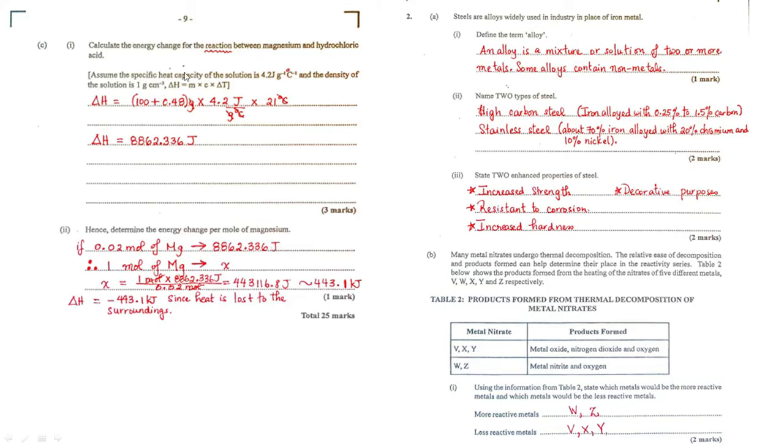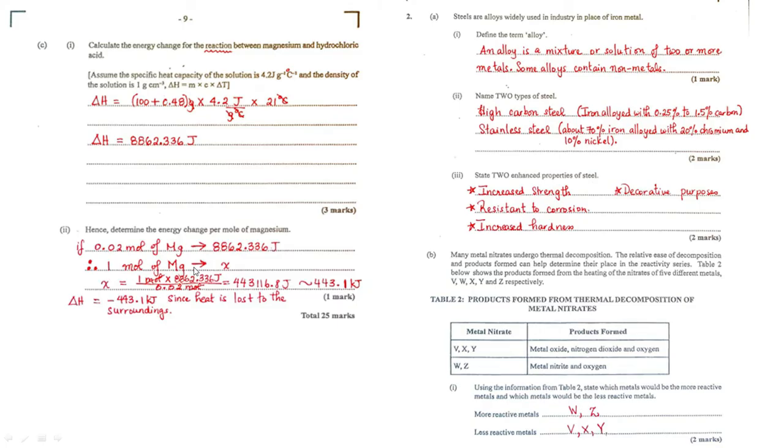But since we're going to take the density to be equal to 1 gram, right, we just say 100 plus the mass of the solid, which was the magnesium. Okay, so you would have gotten 8,862.336 joules.